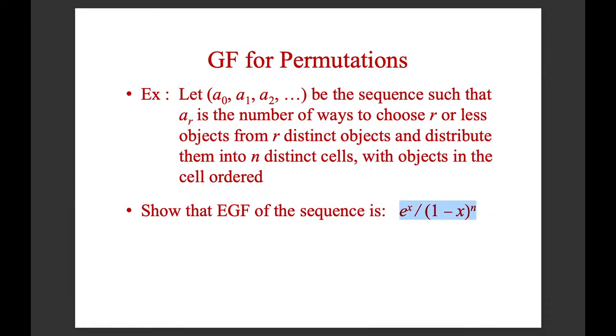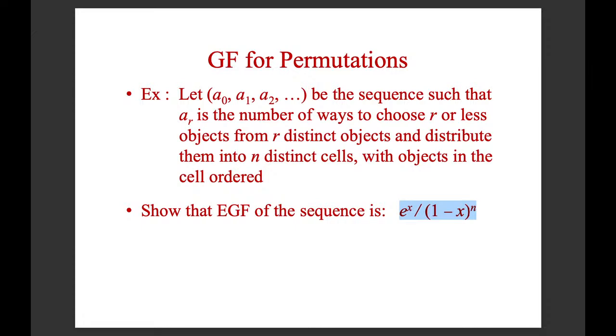If you watch the OCW recording that was taught many years ago, I don't have a very good idea of what was going on. But after so many years, there is now a better understanding of this problem, okay? So what you can do here is first imagine that you have an r-digit string, and for each digit we put a number from 0, 1, 2, 3, up to n.